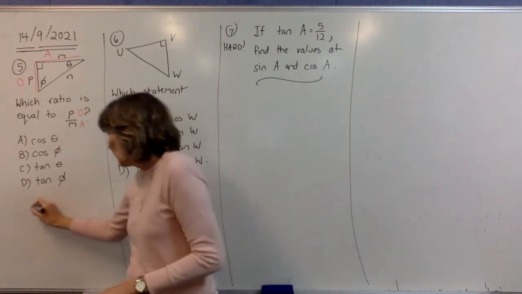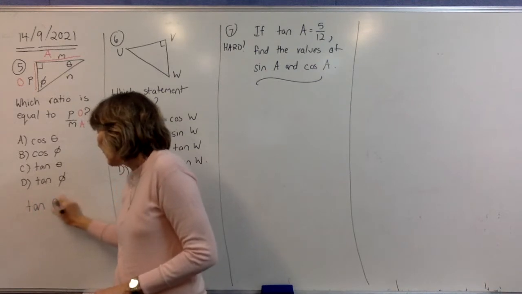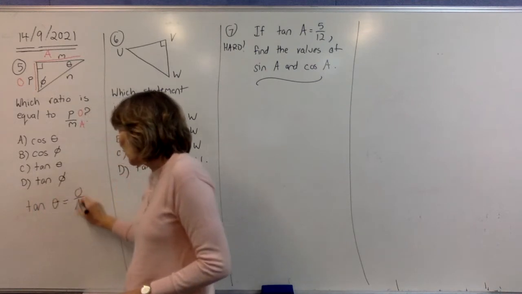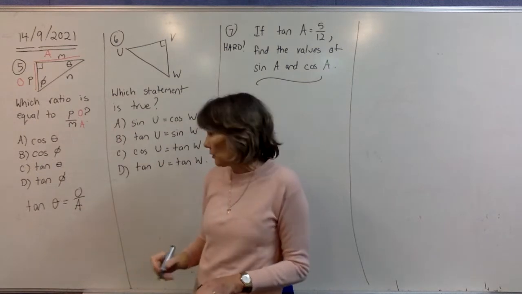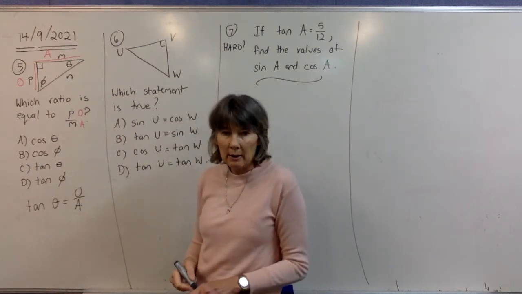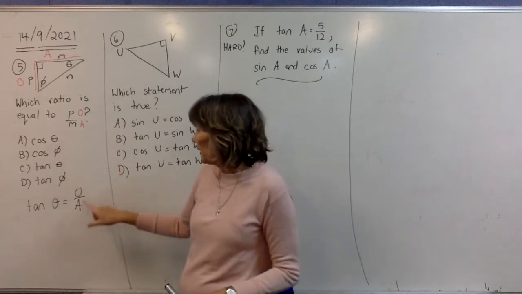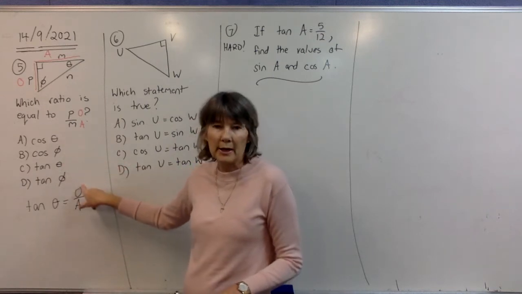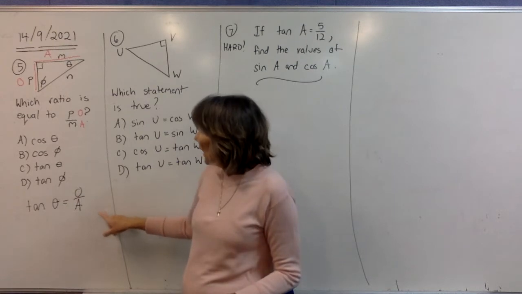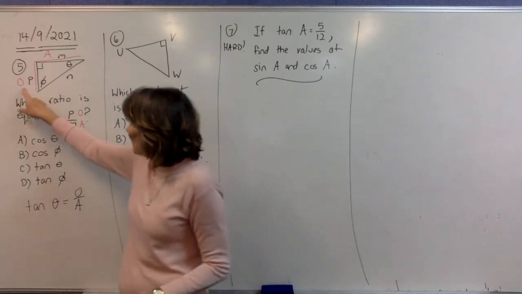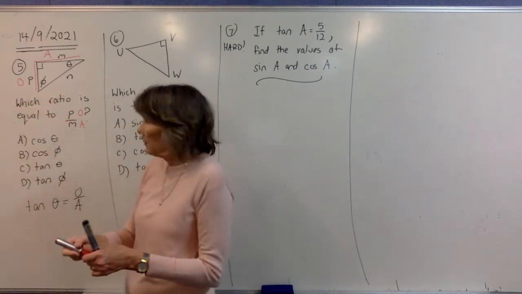So we know that tan theta equals opposite over adjacent. That's what we've learnt. So straight away, the answer is not going to be either of these because they're cos. Now we just have to get the angle right. Which angle has this as the opposite side?